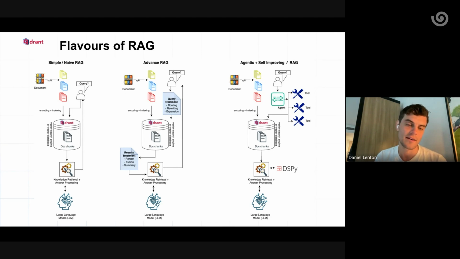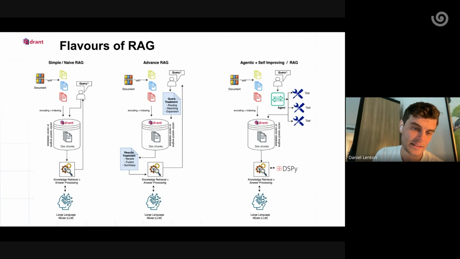The simple naive RAG: you have your documents that come in, you then have a query, and all you do is embed the documents using some encoder, embed the query using some encoder, and then do some very simple similarity search between the two, retrieve the chunks from the documents that are closest to your query in this latent vector space, and then append your query with that context, and you assume and hope that there is enough context there to answer the question. And that might work with very simple data stores where the words have very semantic closeness with the chunks in the query, but for more complex stuff, this generally breaks down.